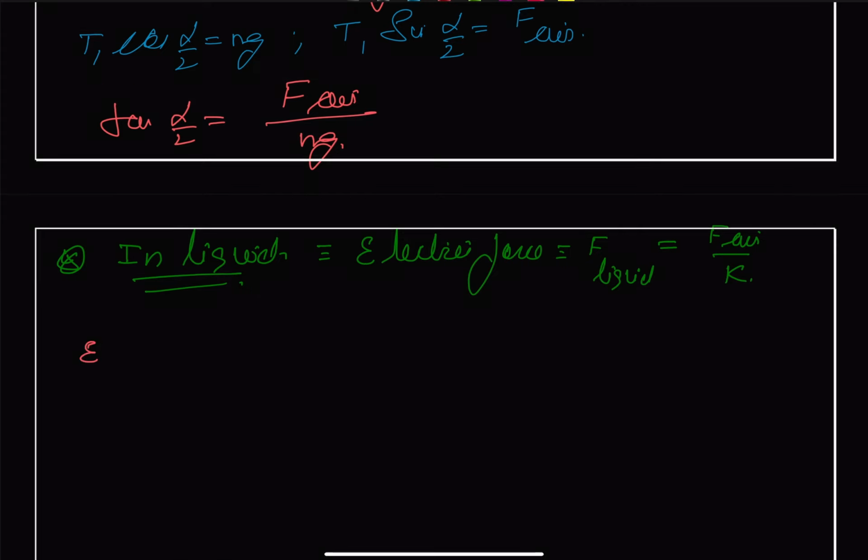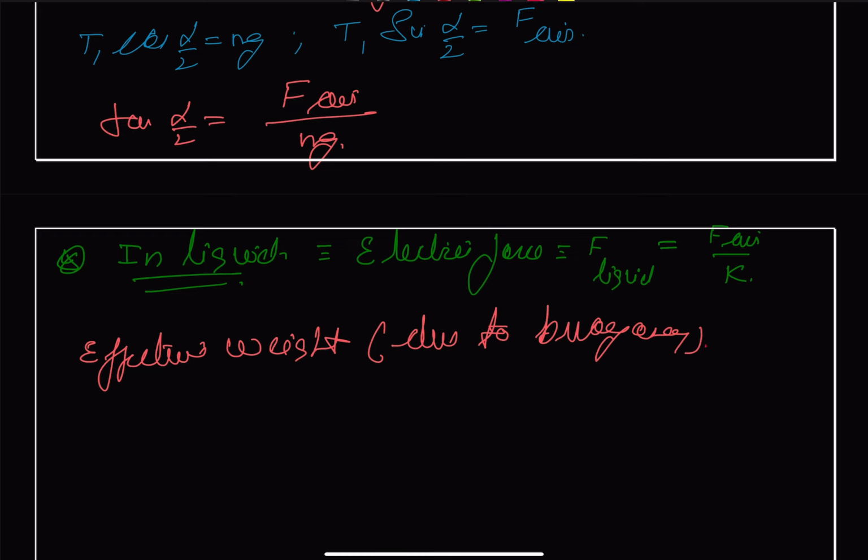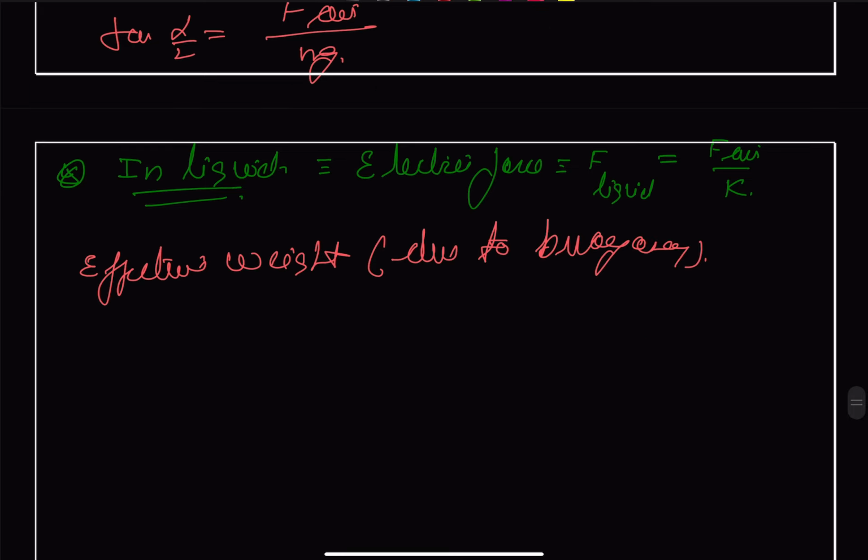So we can see our effective weight due to buoyancy, we can write that our W effective will be equal to mg minus density of the liquid, volume displaced, multiplied by g.